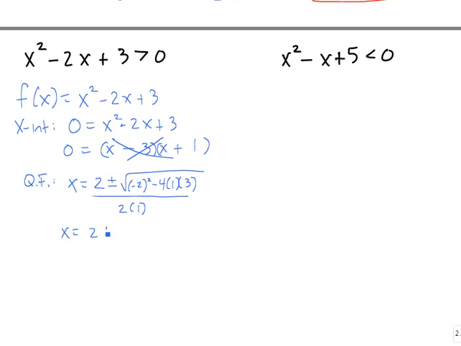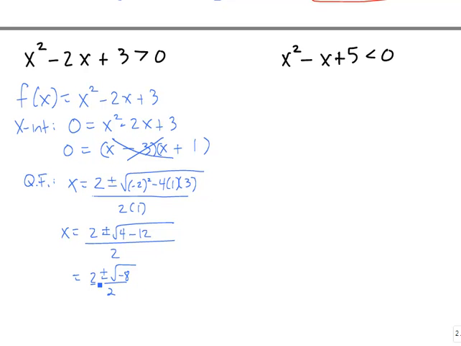So simplifying, in the denominator we get 2. Under the radical we're going to get 4, and minus 4 times 1 times 3 is minus 12. 4 minus 12 is negative 8, all over 2.